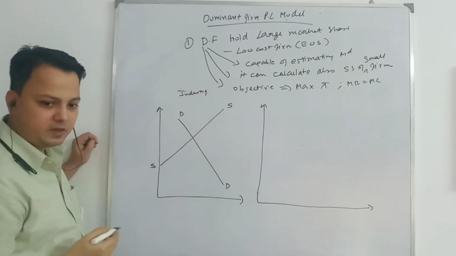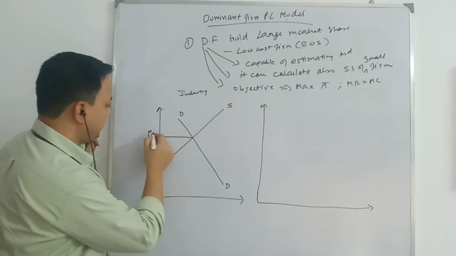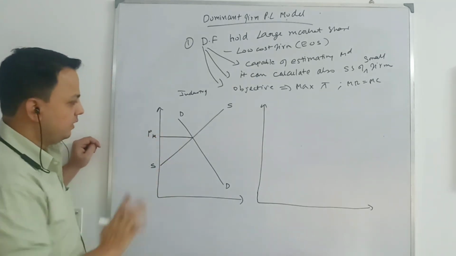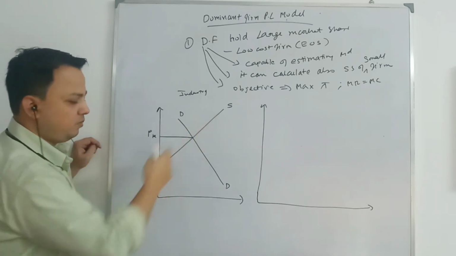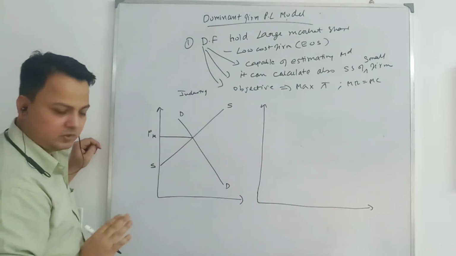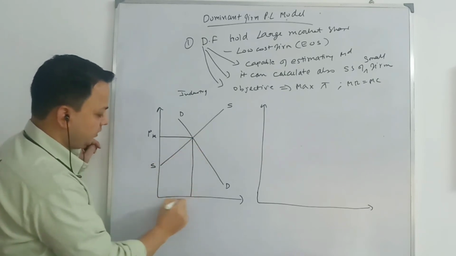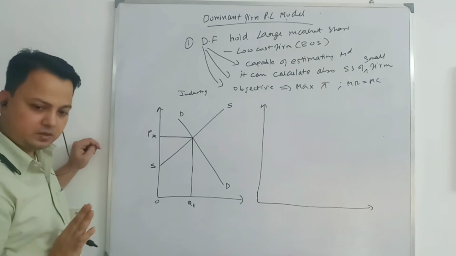If the dominant firm sets price equal to say PK, okay, then all the demand will be met by the small firms, right? Yes or no? Whatever is the demand at this price will be equal to supply. Everyone understand?